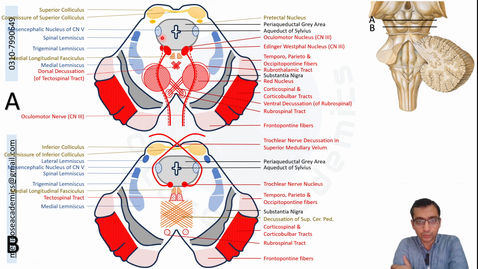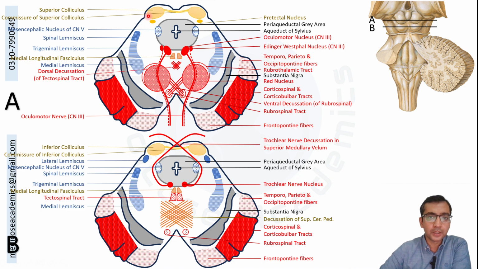You can just search through the YouTube videos. One of the steps in the visual reflex is the pretectal nucleus, so that is the one that is present here. You can see our video on the cranial nerve nuclei, or you can see the visual pathway video that is also uploaded on our channel.